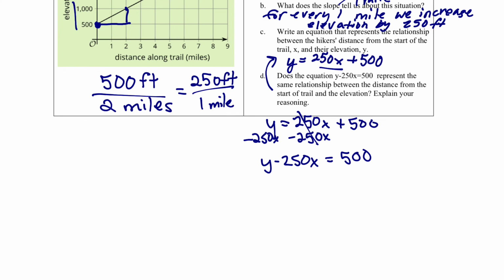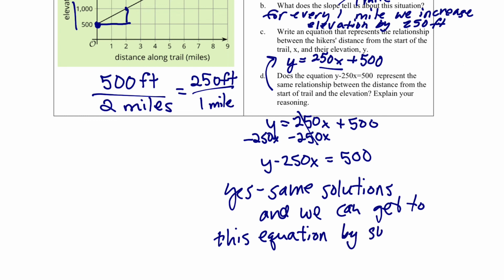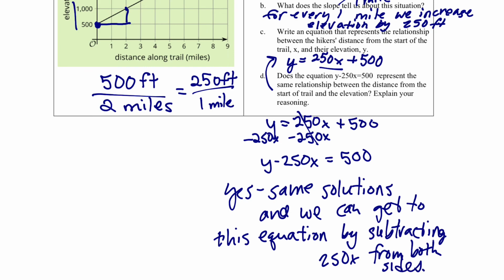So yes, same solutions, and we can get to this equation by subtracting 250x from both sides. So remember, we always have to do it to both sides.